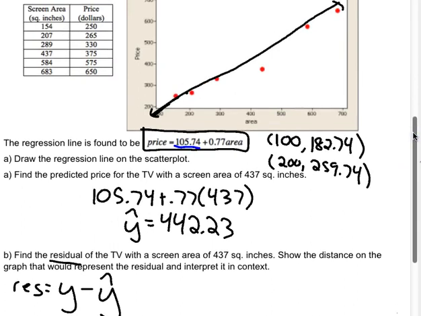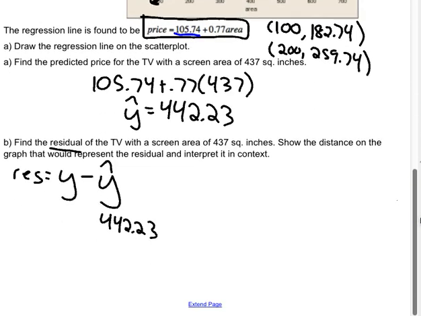Well, here the fortunate thing is that the problem actually gives it to us. That original table told us that it was 375. So all I have to do is that calculation to get negative 67.23.